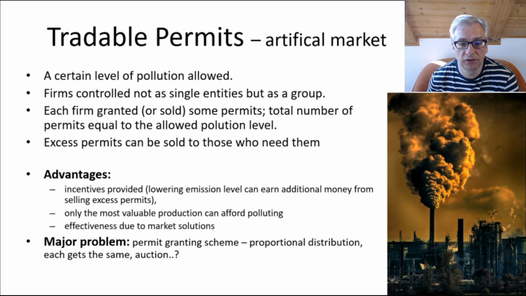We may decide as the European Union that we reduce the carbon dioxide emission level by 20%, but then how many tradable permits should be made available to each country? That would be really problematic. Per person, not necessarily, right?